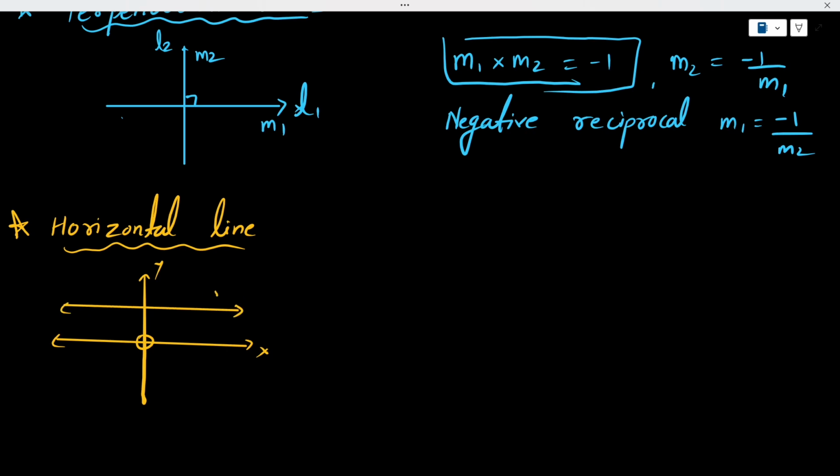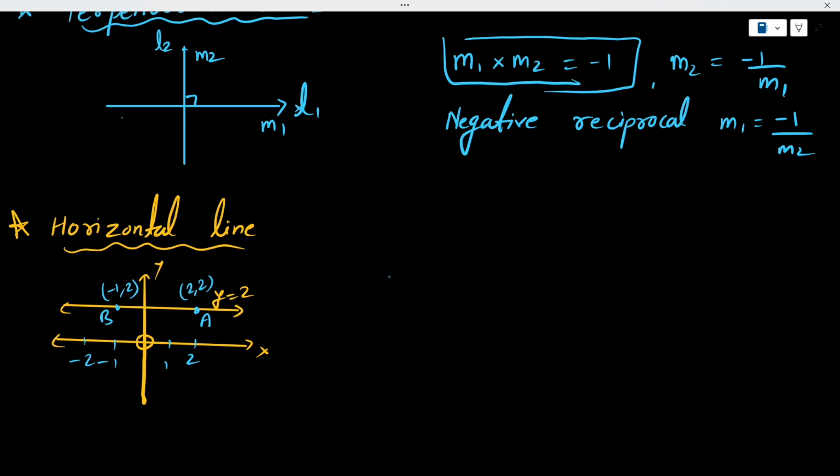If I write y = 2, you can take any 2 points here, because y is fixed. If I take this point, the coordinates are going to be (2, 2) for point A, and if I take another point, (-1, 2), because y is fixed, right? So what is your other point here?